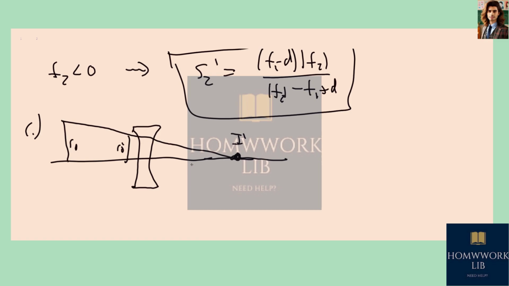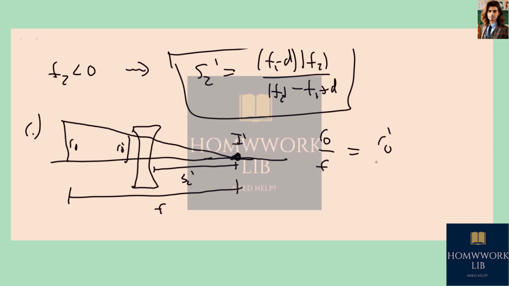This distance from here to here we call s2 prime. From similar triangles in here, and sorry, this is all f, the focal length, we know that this over f is similar to r0 prime over s2 prime.